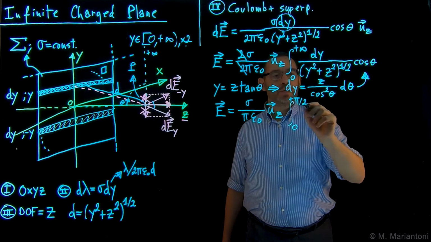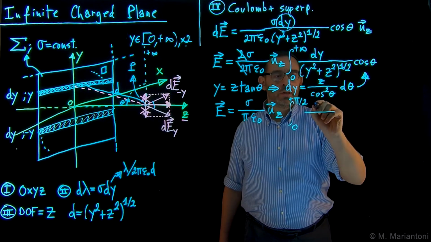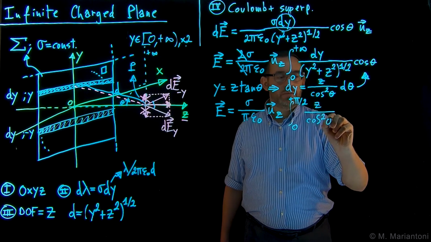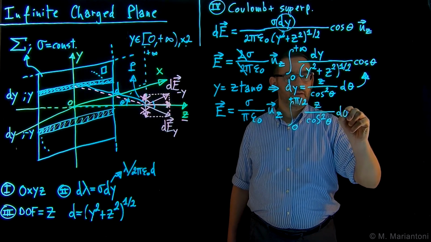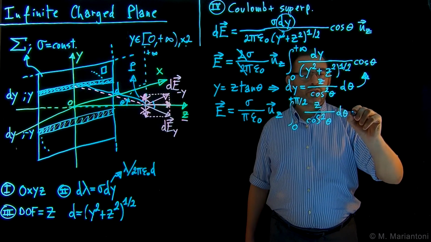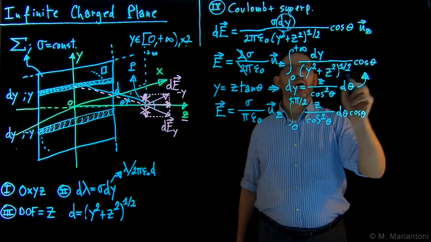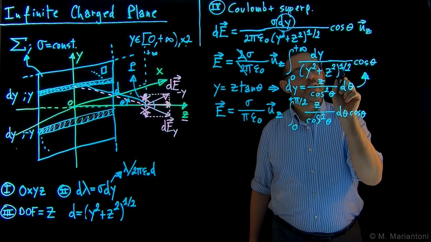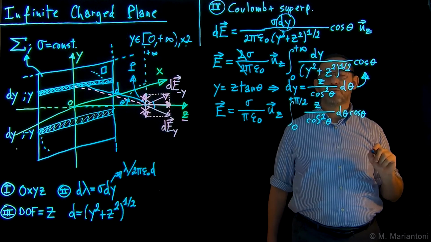dy becomes z over cosine square of theta, d theta. We substitute this dy here. We have another cosine theta here, not to forget it. So let's put it right away. And then we have this denominator, which is similar again to an integral we've done before. There we had the power of 3 half. Here we have the power of 1 half.